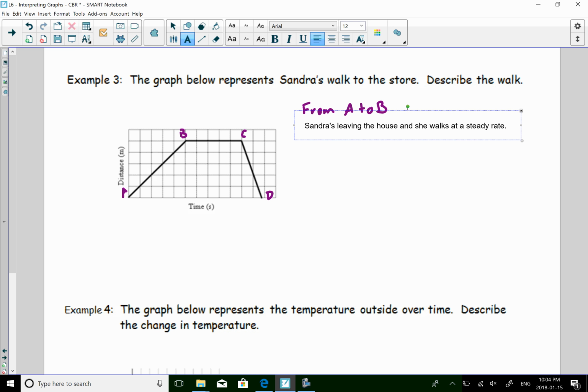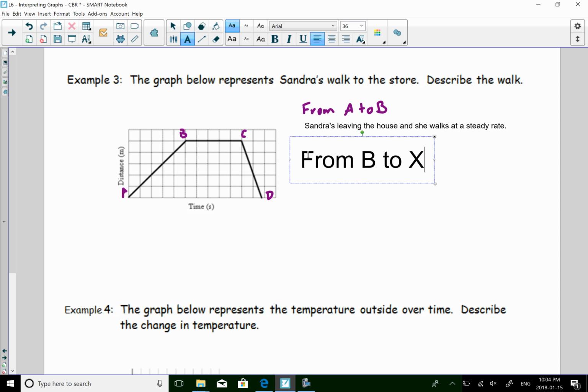From here, let's see. Let's put something on here. Since there's no units, actually, that's okay. From B to C, Sandra is at the store.